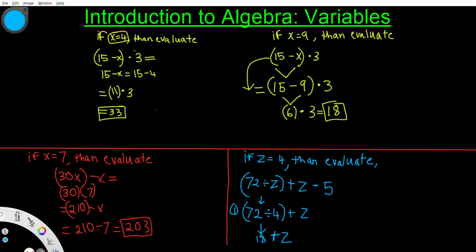So 18 plus z, which is 18 plus 4, equals 22. And we have all of this, which equals 22, and we have minus 5, and the final answer would be 22 minus 5, which is 17.